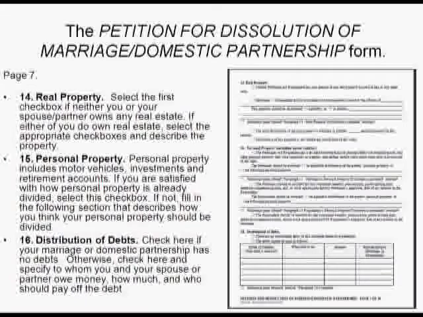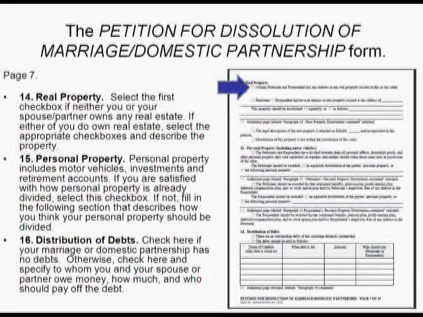Page 7. Real property. Select the first checkbox if neither you or your spouse or partner owns any real estate. If either of you do own real estate, select the appropriate checkboxes and describe the property. 15.